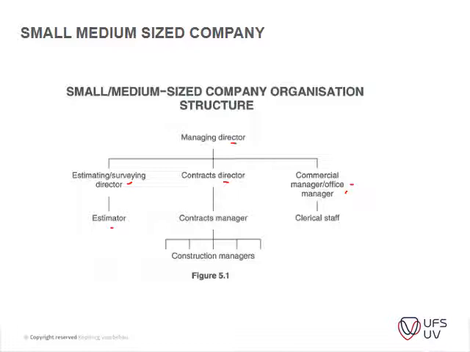He's usually involved with the BOQ and so on. Your contracts director will have contract managers or construction managers on site underneath him. So your estimators usually do the bill section, and your contracts director or contracts manager usually completes the tenders that will be sent to the managing director for final sign-off.